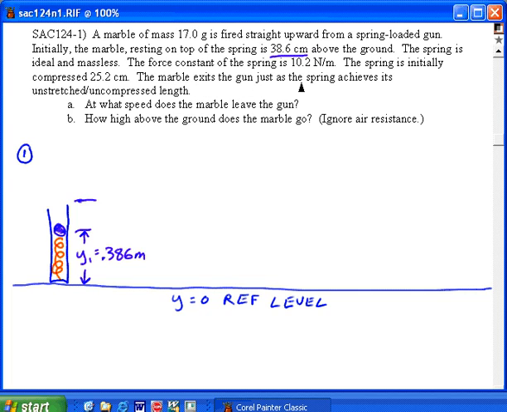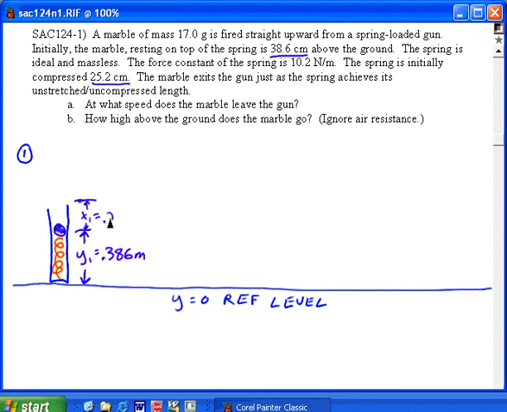Right here, the marble exits the gun just as the spring achieves its unstretched, uncompressed length. So initially, this distance in the picture represents the amount by which the spring is compressed. That's given up here as 25.2 centimeters.